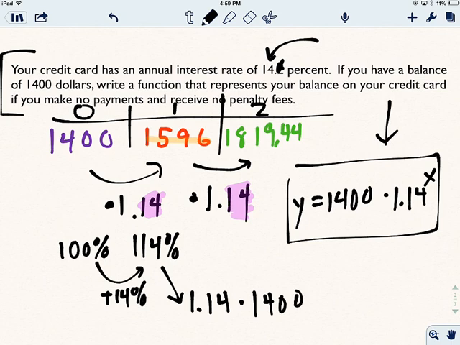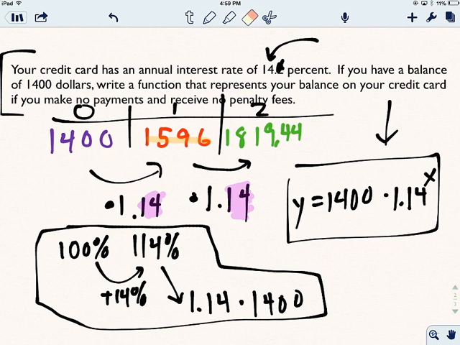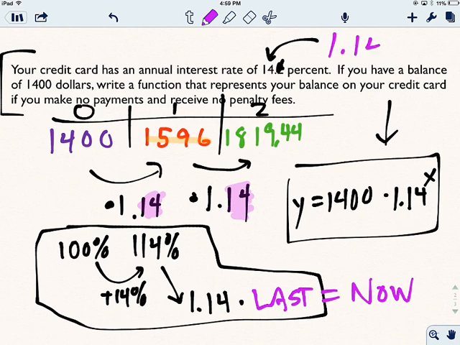And so we are repeating this calculation over and over again, but we are adjusting what we have right here. So you take 1.14 and multiply it by whatever you had last to get what you have now. And so when you see that interest rate of 14%, you can just tack it on after 1, and it becomes 1.14.